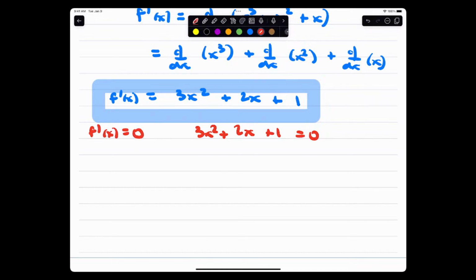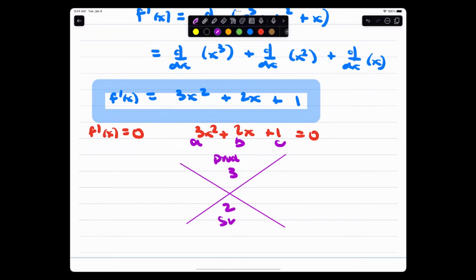Can we do crisscross here? What does the product of the numbers have to be here? It has to be 3 times 1. Remember, A, B, C, 3 times 1 is 3, and then your sum has to be B. This will work by the crisscross method.